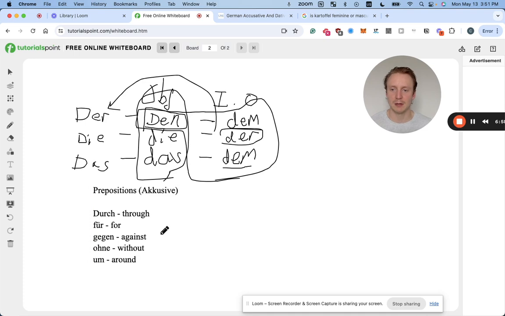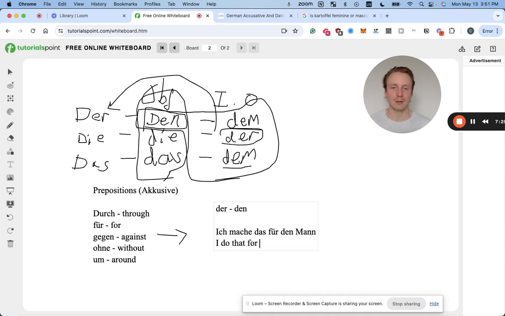So if you see any of these words, then masculine, der, becomes den. So for example, ich mache das für den Mann.